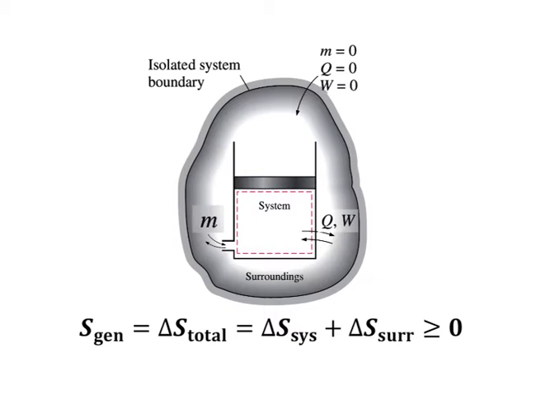The more irreversible a process, the larger the entropy generated during that process. No entropy is generated during reversible processes, that is, S generation is equal to 0.